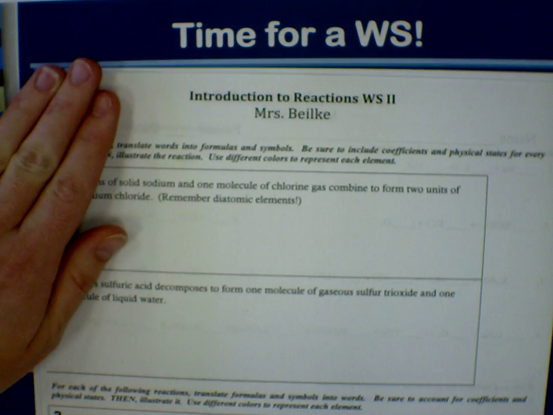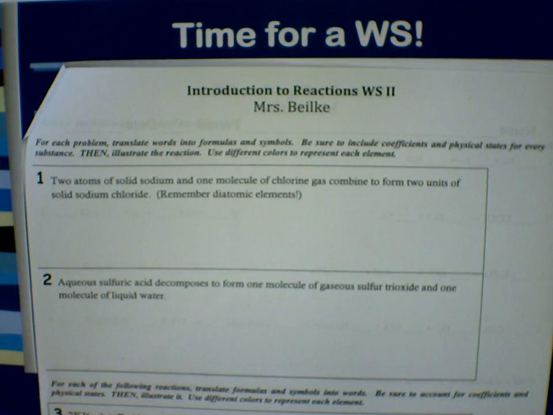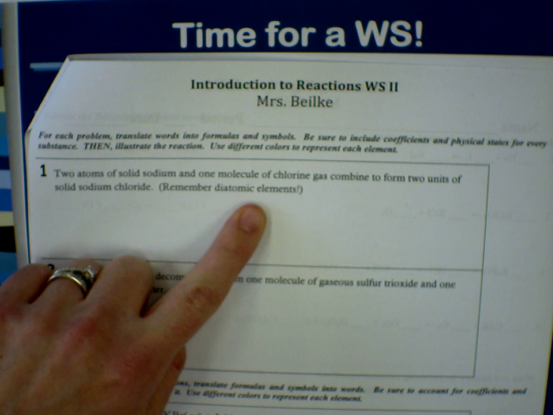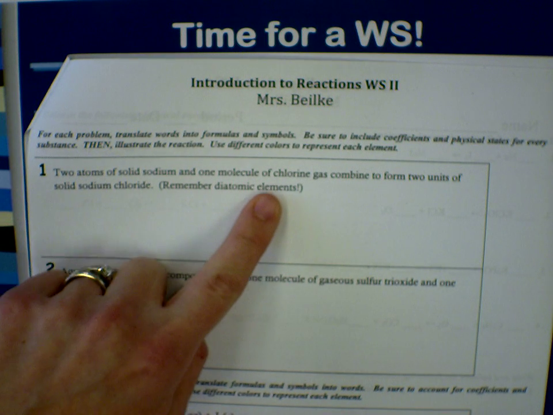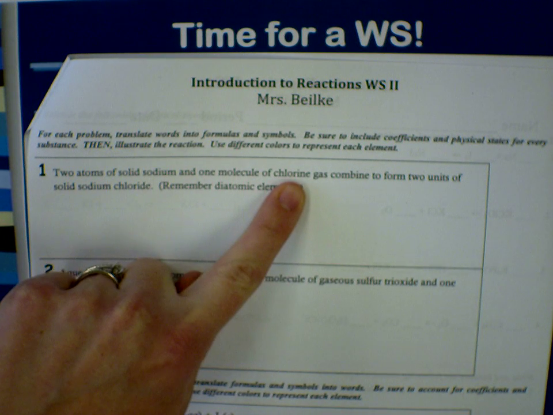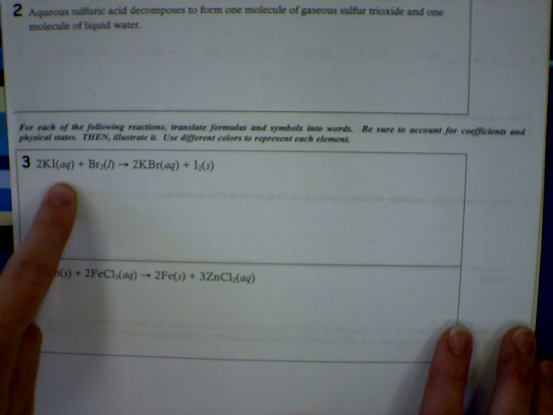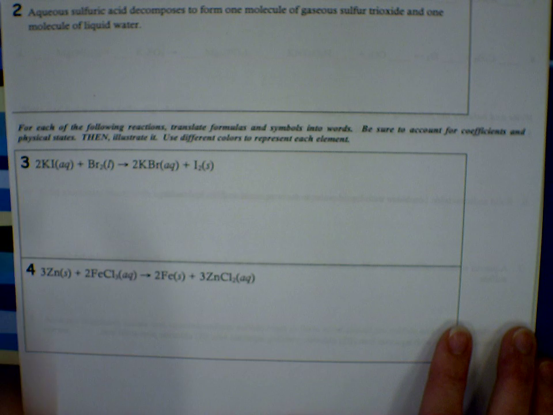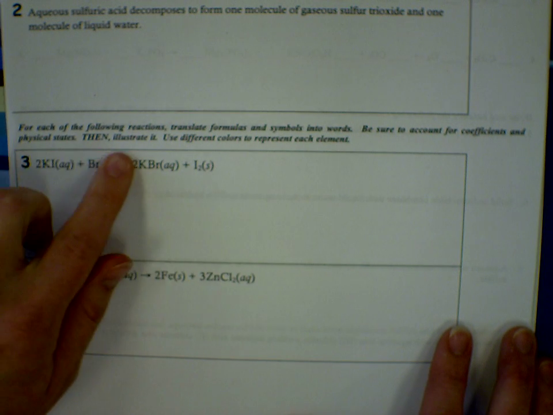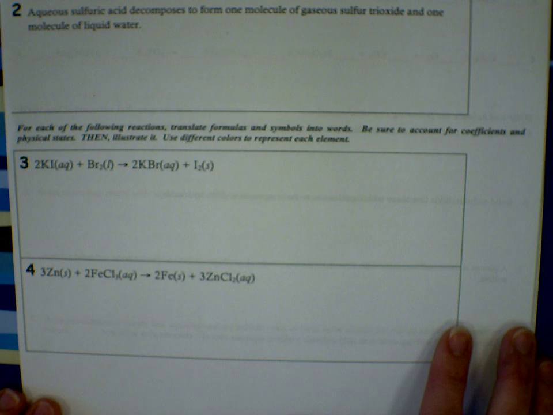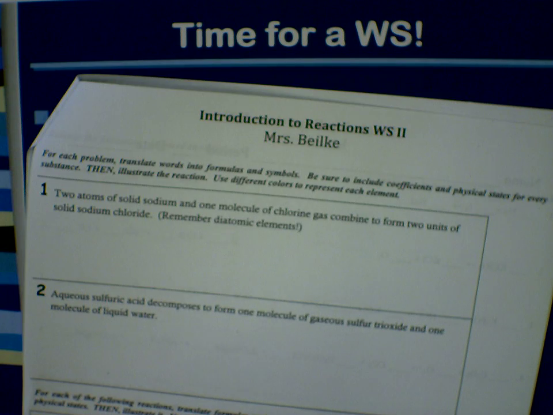Then also Intro to Reactions worksheet 2, same deal. Make sure you're paying attention to diatomic elements. Hint, hint, chlorine gas. Okay? 3 and 4, write the sentence that corresponds with the formula or the equations. Draw it out for numbers 3 and 4. Cool? Have fun, and I will see you later.